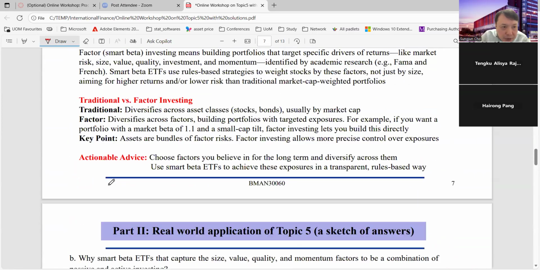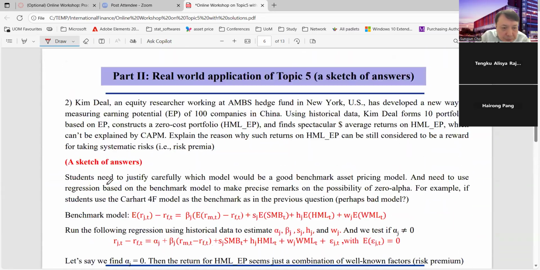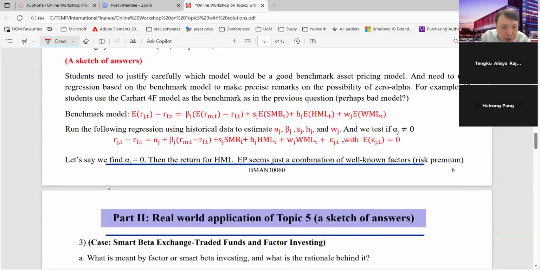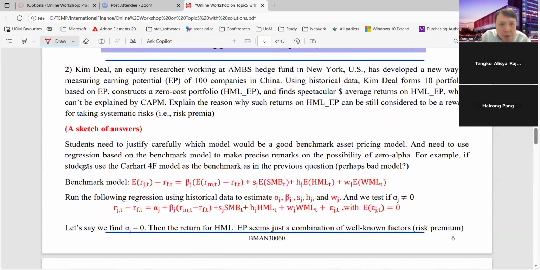Anyway, what I'm trying to say here is the next question. This one. Kim Deal, an equity researcher working at AM-Best hedge fund in New York. Now you are working in New York, and you develop a new way of measuring the earning potential of 100 companies in China. So we are talking about international investment.